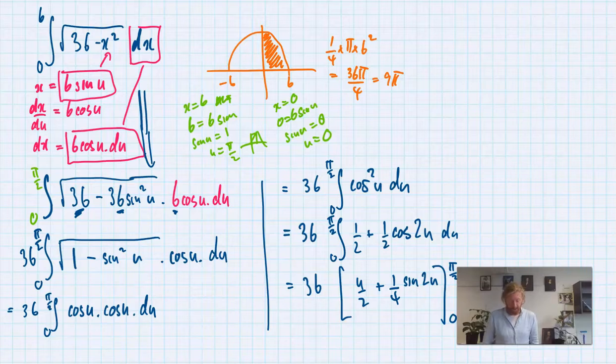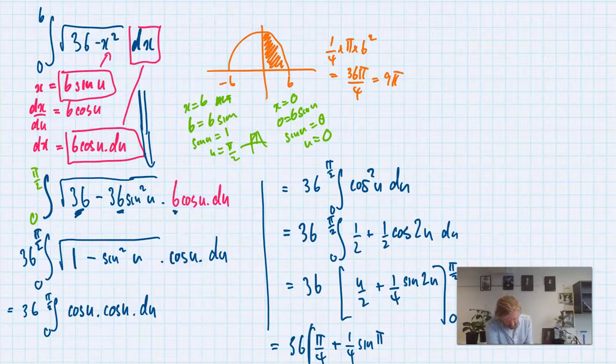Now hopefully we can squeeze this in here. Let's go 36, chuck the pi on 2 in, and you get pi on 2 divided by 2, which is pi on 4, plus a quarter sine 2 times pi on 2, which is just pi, and then I get minus 0.